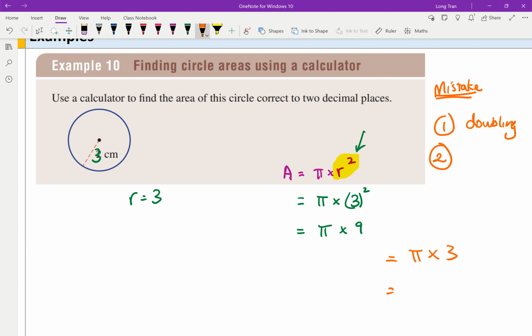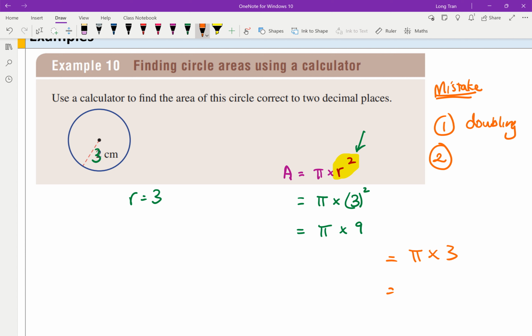Very good. So if you're doing it on your Google calculator or any other calculator besides this, and you type in pi times 3, press the enter button, and then you square it, that's wrong. The answer has to be that you square the 3 first before you multiply by pi.